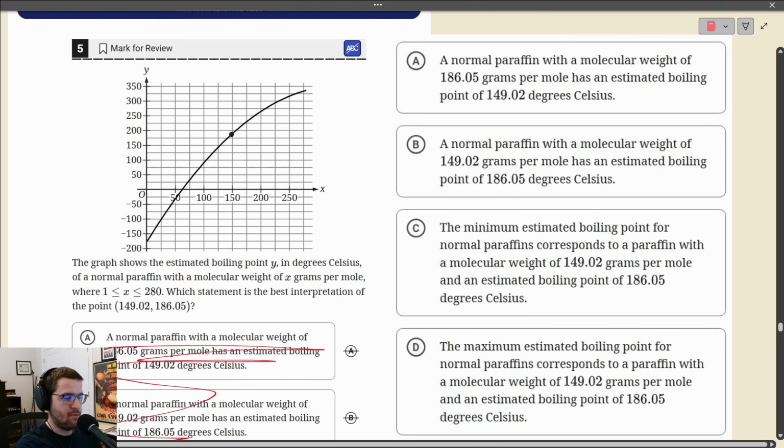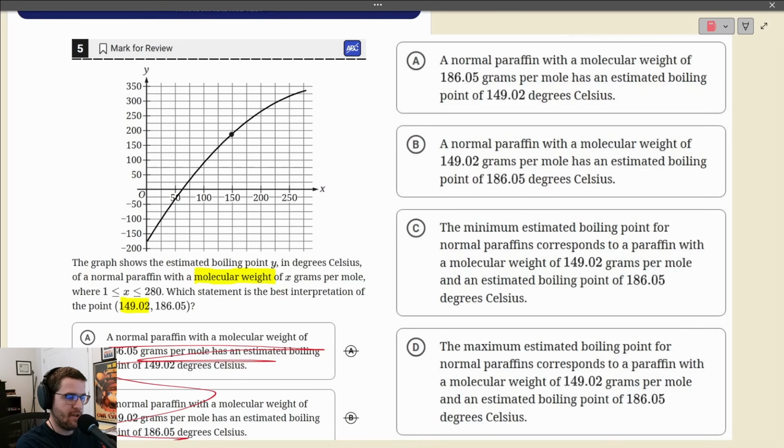So x is 149.02, and they say x is the molecular weight in grams per mole. Okay, so when we have 149.02 grams per mole, and now it says 186.05 is y, and it says y is the estimated boiling point in degrees Celsius of a normal paraffin.